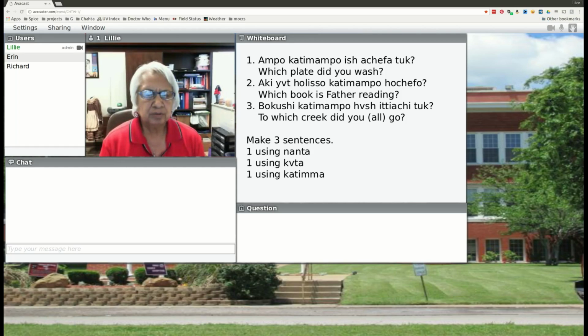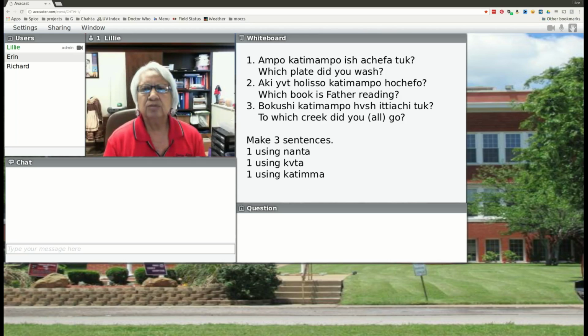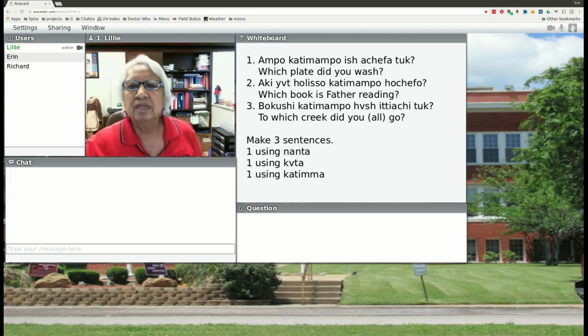I know it's common nowadays to put the preposition at the end of the sentence. Which creek did you all go to? To which creek did you all go? I would accept either. And again, going back to huchifu, you said naming, and that's what the book says, and I will accept that. But again, we use the word huchifu to mean read.